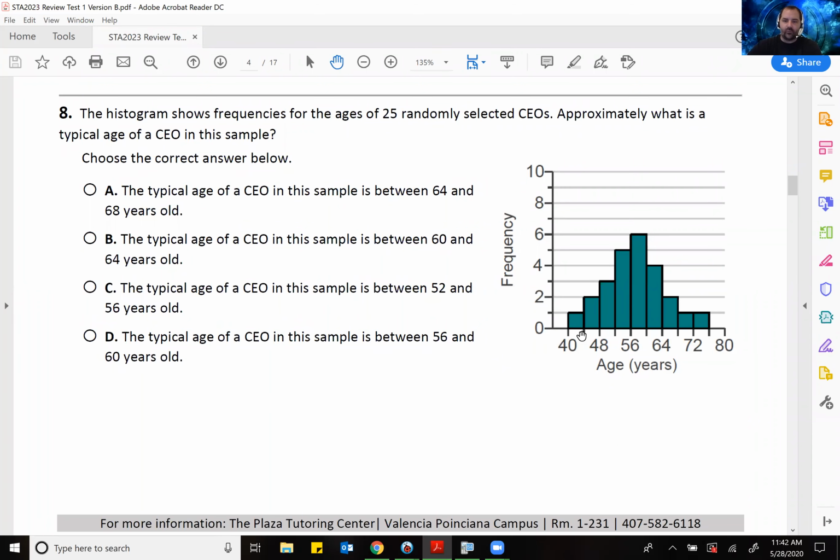So this is 40 to 44, 44 to 48. So we want this bar that represents 56 to 60. And that answer is A, B, C, or D. D. Because right here it says the typical age of a CEO is 56 to 60. Moving on.